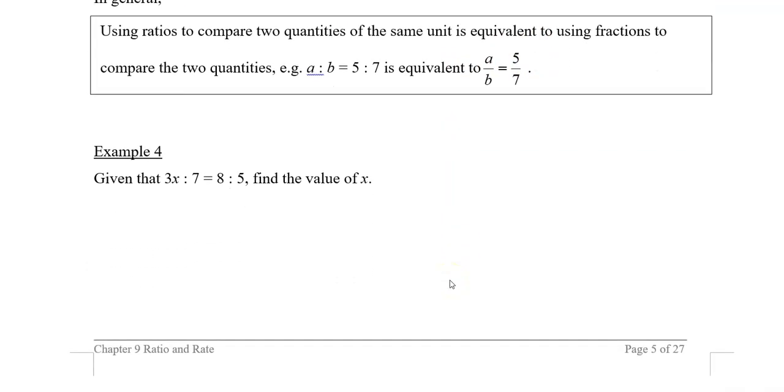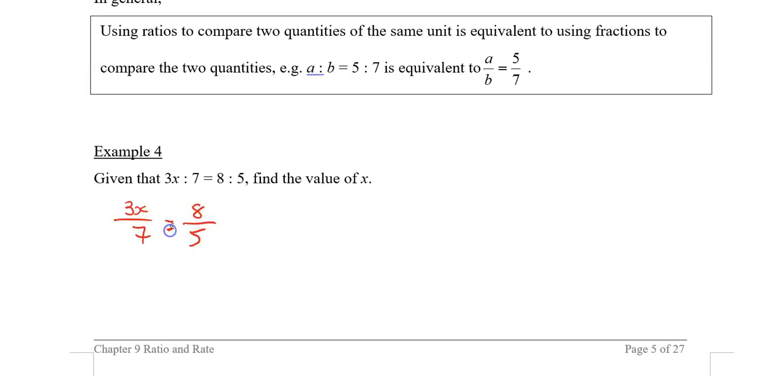We have another example here. Given that 3x is to 7 equals 8 is to 5, how do we find the value of x? We can convert these two ratios into fractions: 3x over 7 equals 8 over 5.